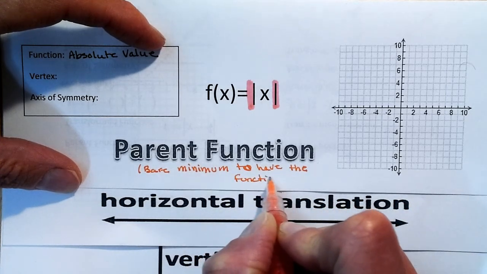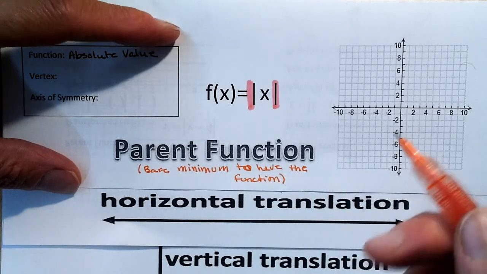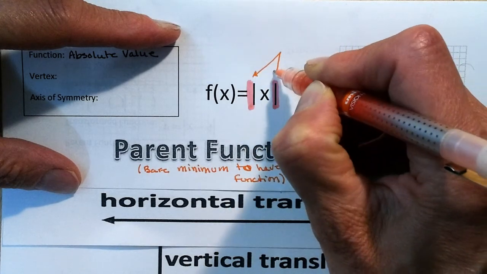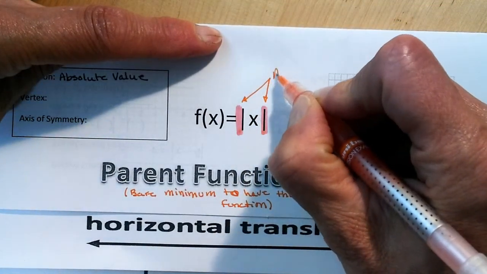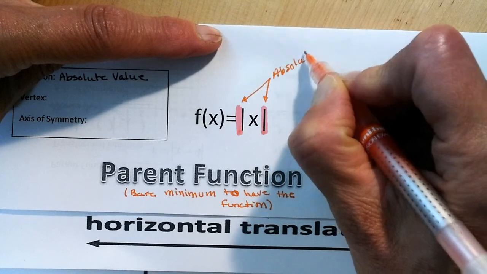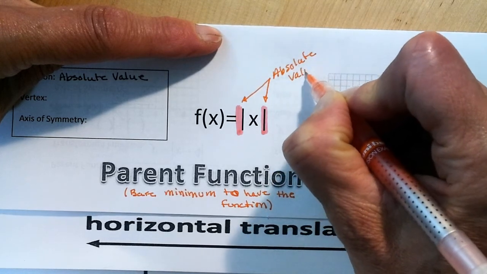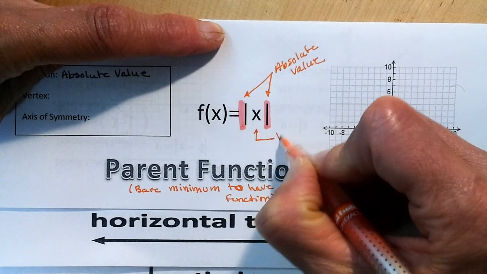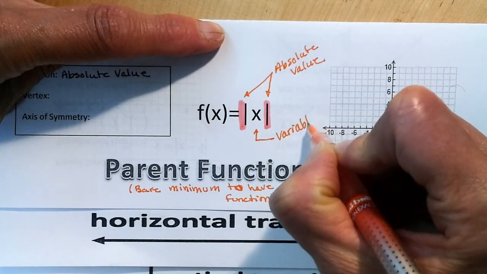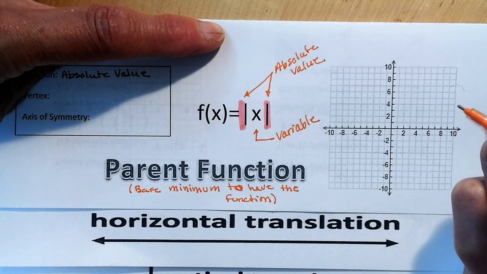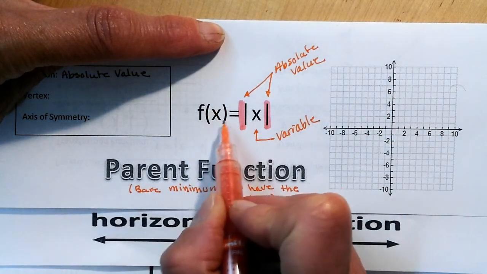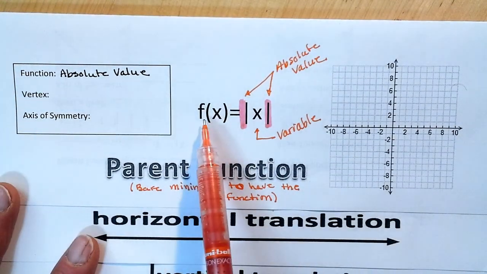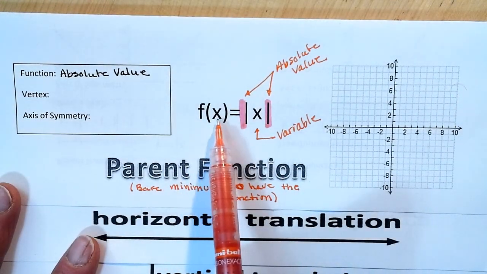Okay? So if we notice, what's the bare minimum we need to have the function? The bare minimum is we have to have our absolute value, and we have to have our variable, which in this case is x. Remember, this is nothing more than y. This is the same thing as saying y. And it's telling us this is a function that depends on the input of x.